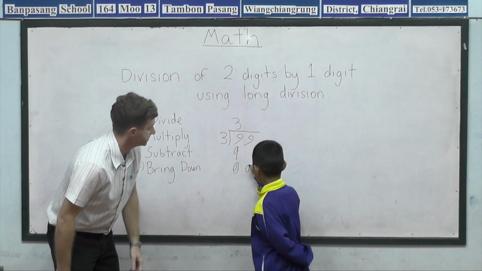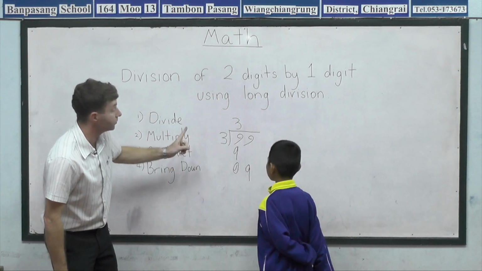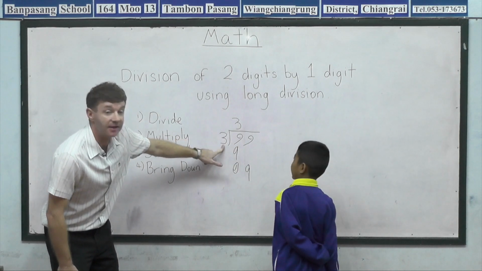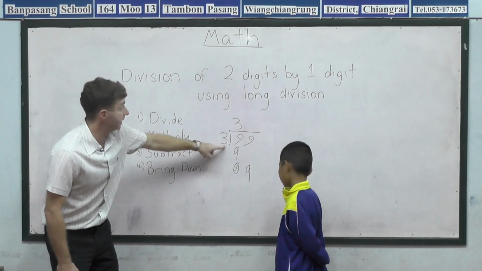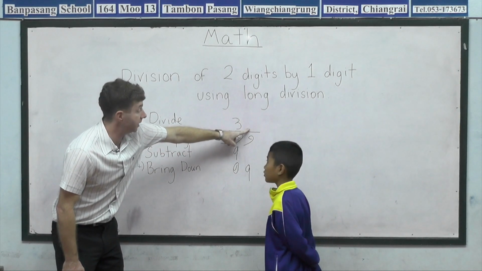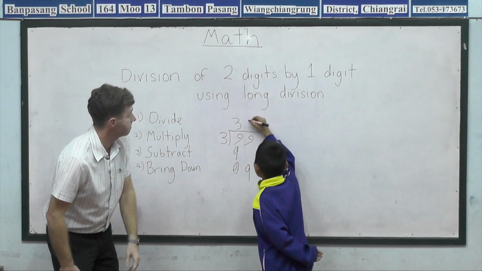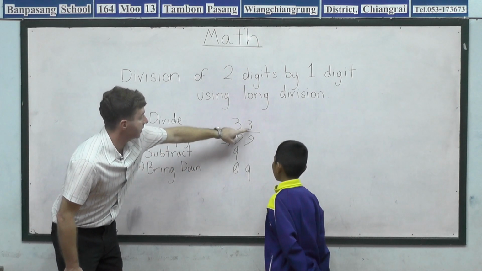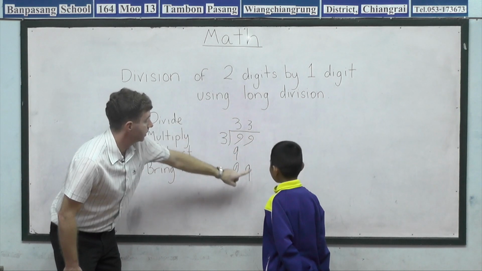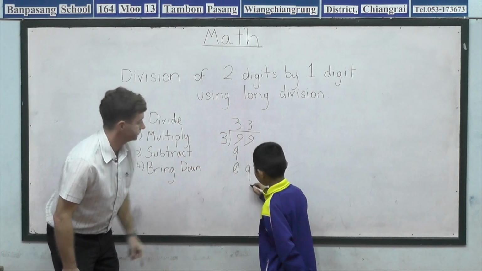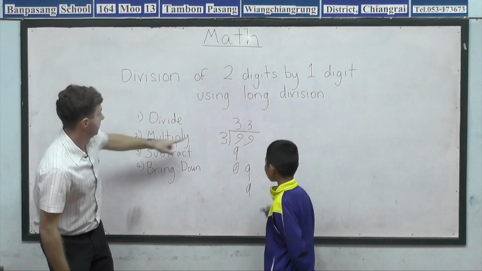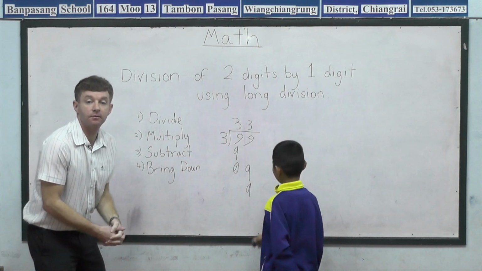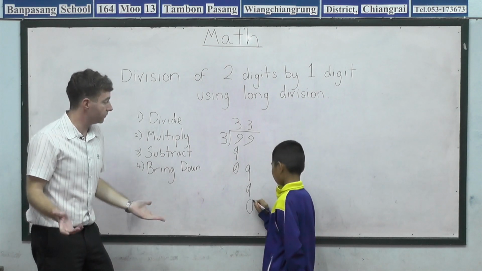9 to here, yes. So what we do now, we repeat the sequence. 9 divided by 3 equals 3. So we can write 3 here. Then 3 multiplied by 3, we can write that here. 9 minus 9 equals 0.